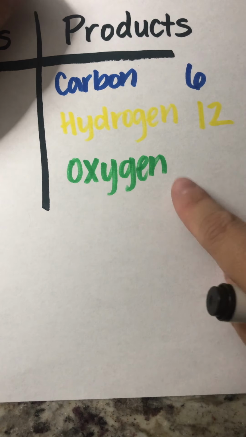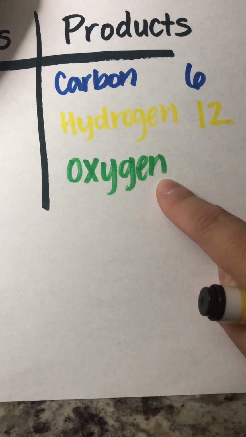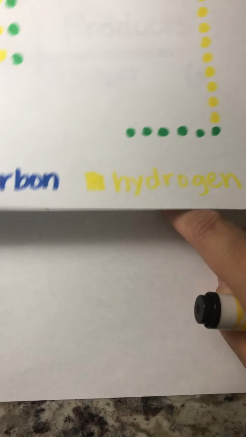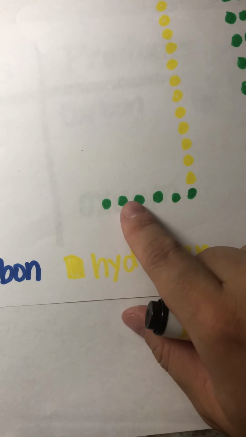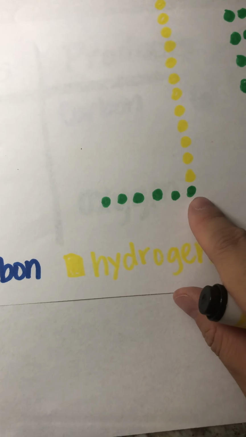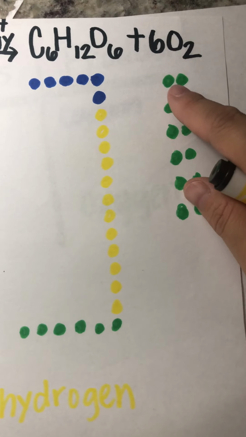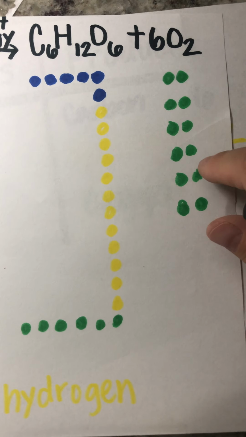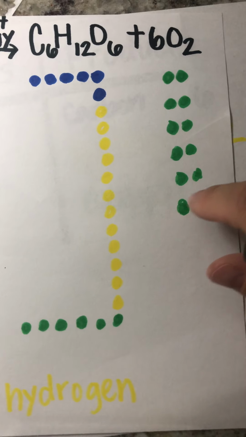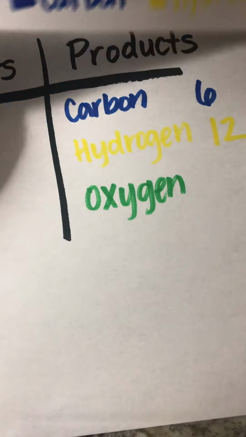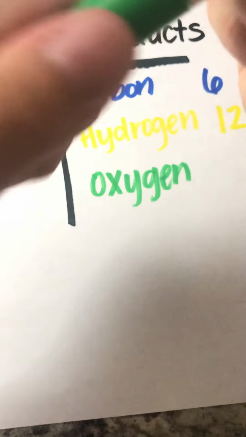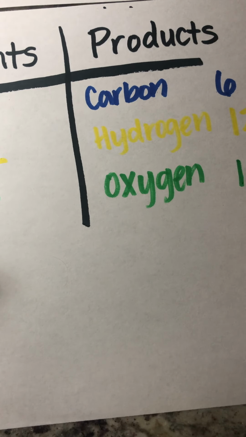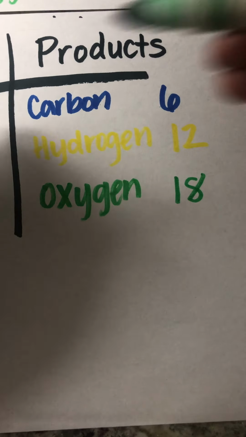Now we have to see how many oxygens are on the right-hand side of our formula, or the arrow. So we have 1, 2, 3, 4, 5, 6, but that's not it. 7, 8, 9, 10, 11, 12, 13, 14, 15, 16, 17, 18. There were 18 oxygen on the right-hand side.